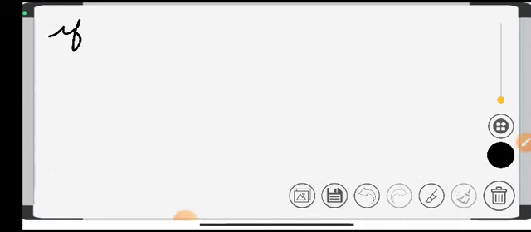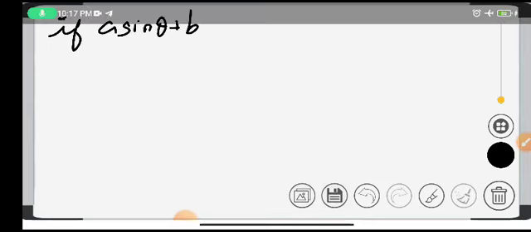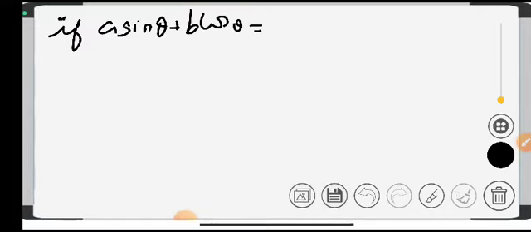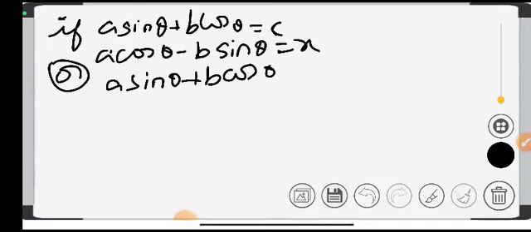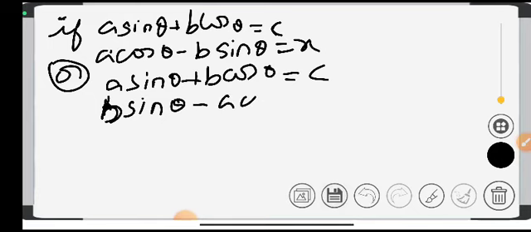What is that? Make it clear. If you see anywhere a sin theta plus b cos theta is equal to c, and a cos theta minus b sin theta is equal to x, or if you see a sin theta plus b cos theta is equal to c, and b sin theta minus a cos theta is equal to x, for both of them the resultant is here.